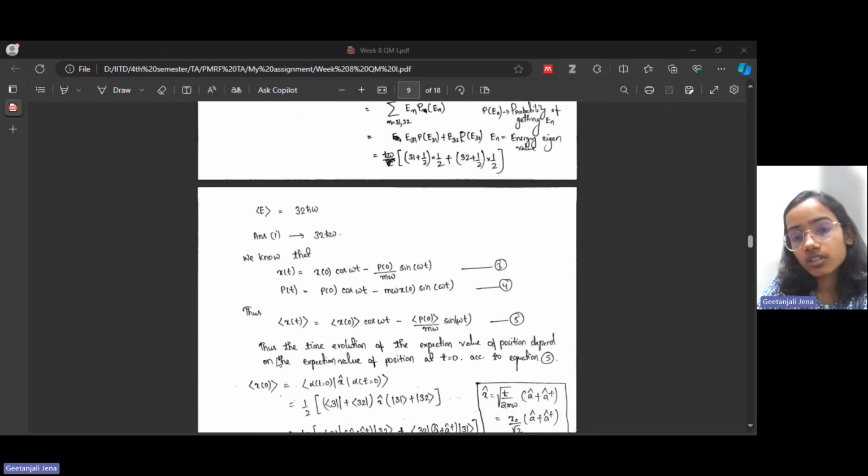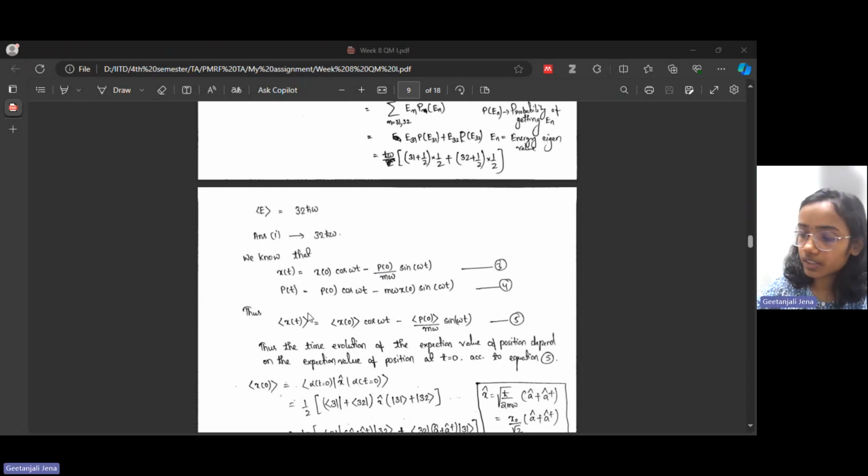So now, if you want to find the expectation of the position operator with respect to time, you need to take the expectation of equation 3, which you can write as the expression given in the fifth equation.